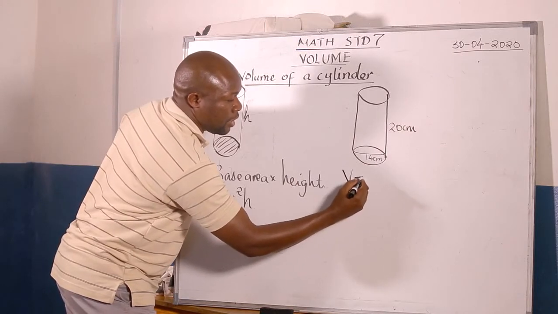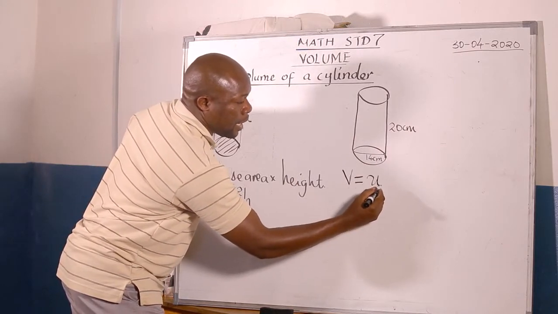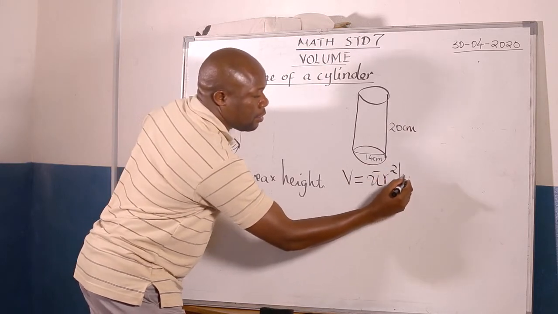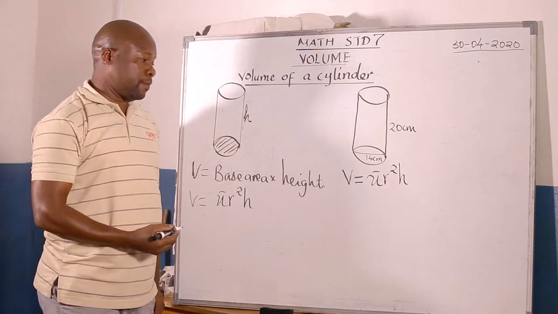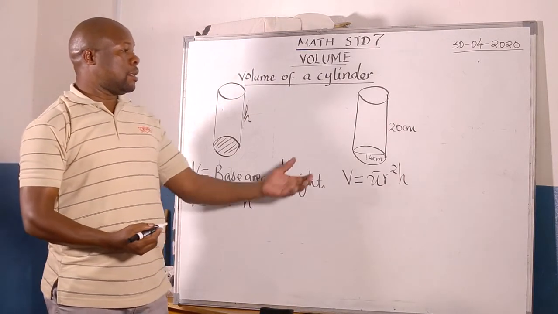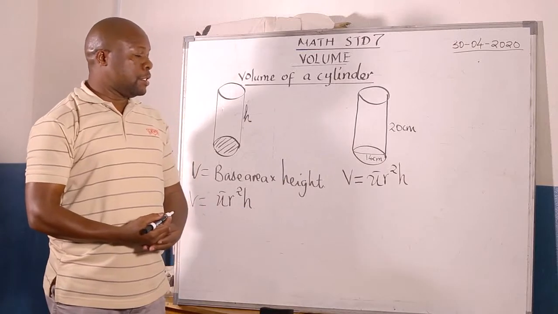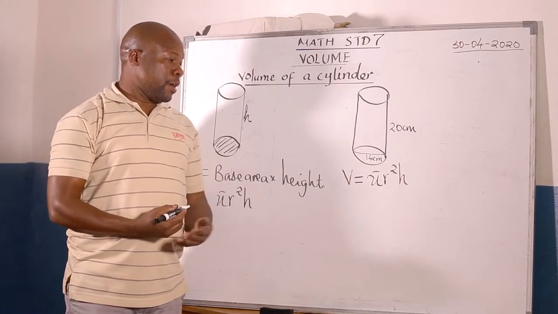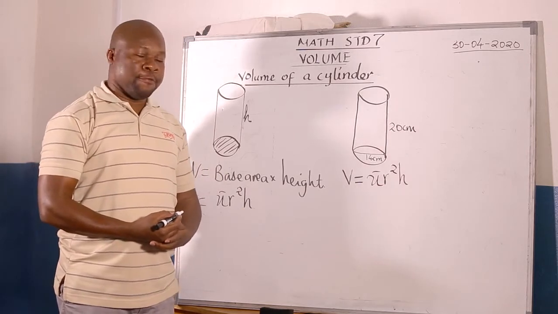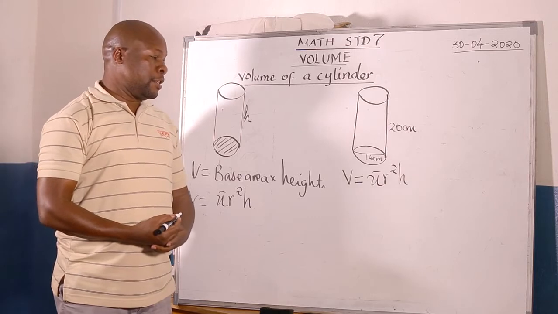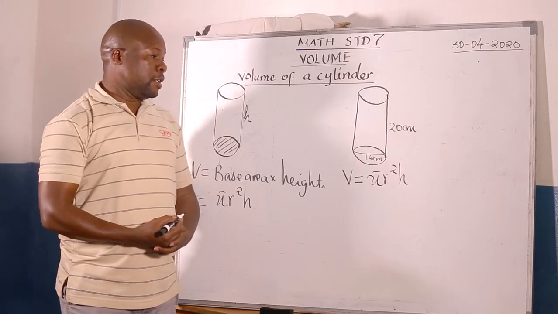Its volume is taken by the formula pi r squared times the cross-sectional height. Now, let us analyze our figure, which is a cylinder. Let us find whether the following parameters have been given to us in order to calculate the volume of this cylinder.